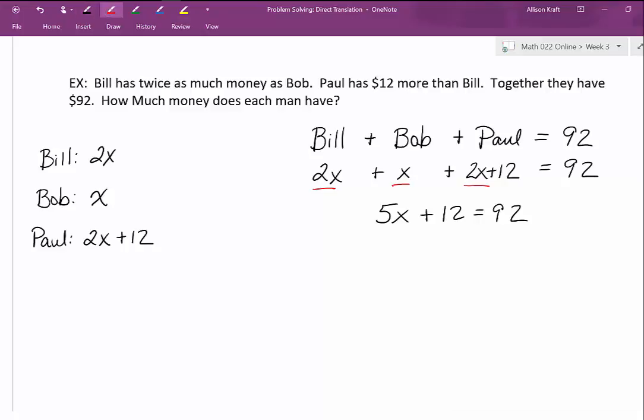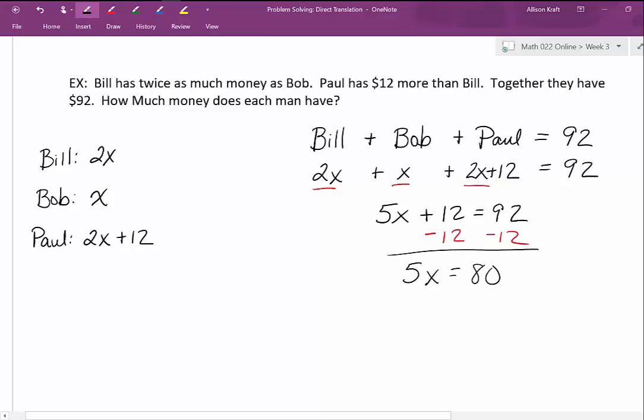All of my variable terms are collected on the left side of the equation. Therefore, my constant terms have to move to the right. I'm going to subtract 12 from both sides. Gives me 5x is equal to 80. Last move to solve is to divide by my coefficient. We get x to be equal to 16.